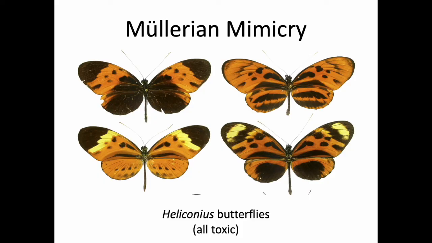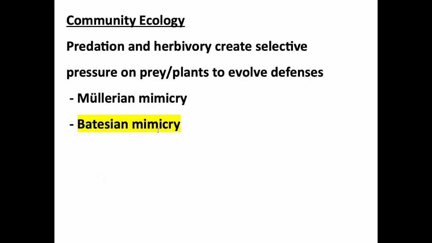What's more fun, in my opinion, is a different type of mimicry, something called Batesian mimicry. Batesian mimicry is, to read from the key terms, a type of mimicry where a non-harmful species takes on the warning colorations of a harmful one.